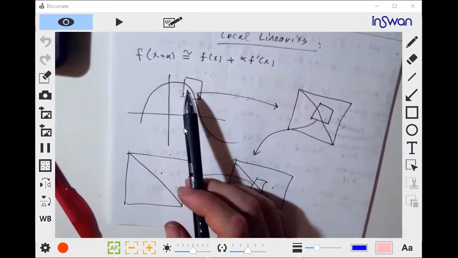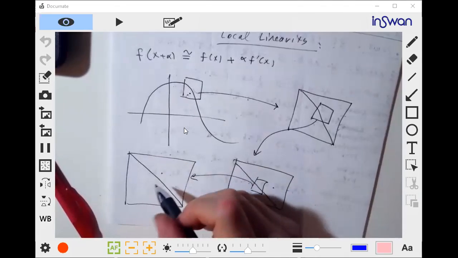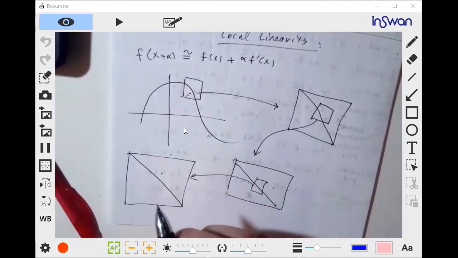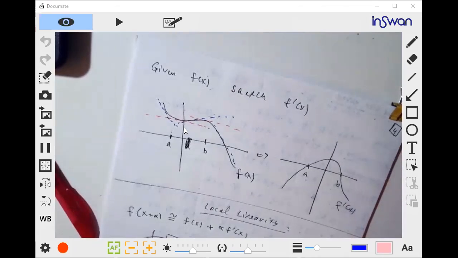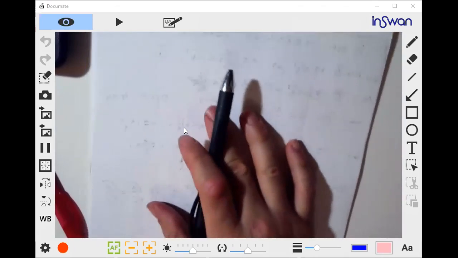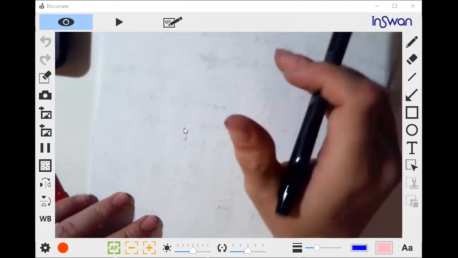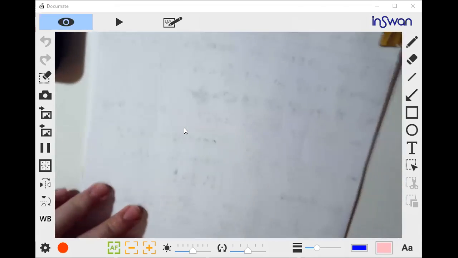That means if we zoom in to any point, eventually it looks like a straight line. The graph can infinitely be approximated as just a straight line locally, not globally, but locally. Globally means when we zoom out. All right.